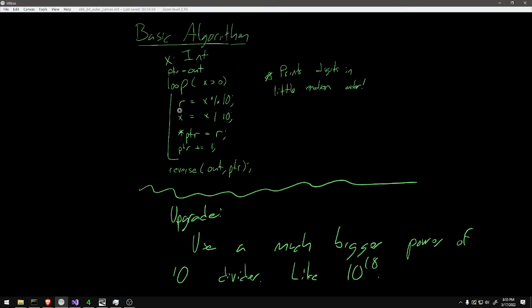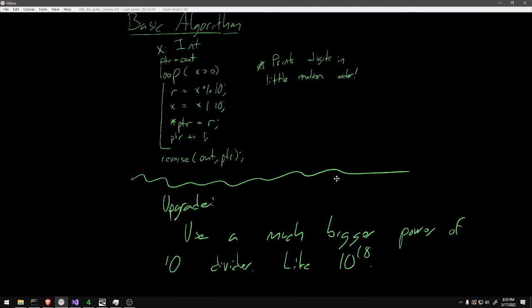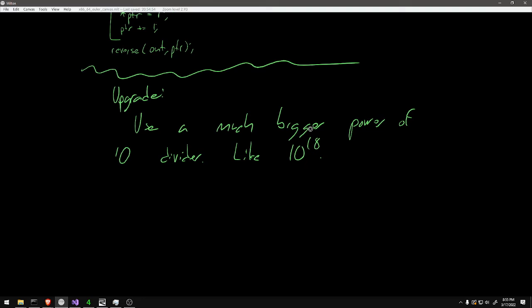So we get back r, x will still be a big num, but r will be the remainder, and then we go into a subloop.